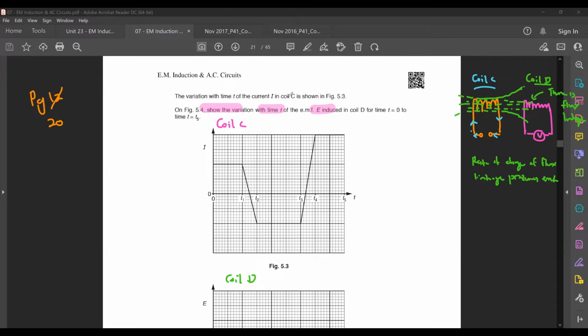So here, when we have current varying like this, we're actually causing the magnetic flux in coil C to change. But at the same time, because it's linking with coil D, whatever change in magnetic flux in coil C will also be experienced by coil D. So coil D now experiences a change in flux linkage. It's going to have EMF induced. That's why the second figure here on your page 21 is asking you to draw out the EMF induced.